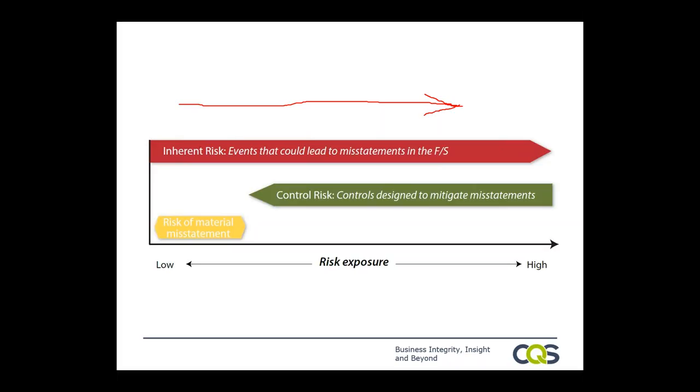You can't do control tests until you know what the risks are, because then you're going to do unnecessary tests of controls. You're going to test controls that do not relate to a risk. And if you test a control that doesn't relate to a risk of misstatement, then you're testing something that, as I said, is redundant, and your whole test is completely superfluous. So you could have skipped that.